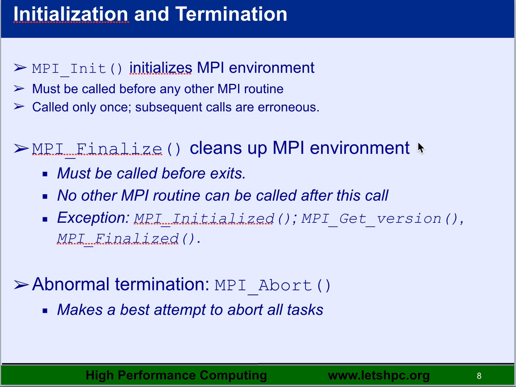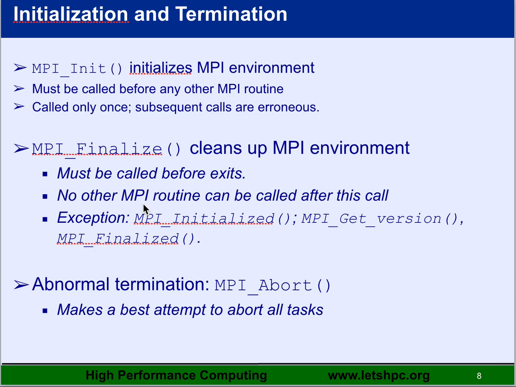Whenever you initialize the MPI environment, we need to terminate it, and we achieve that through the MPI finalize call. It basically cleans up the MPI environment. This must be called before exit. No other MPI call can be called after this MPI finalize call. You can always do other things in the code, but not any MPI routine.